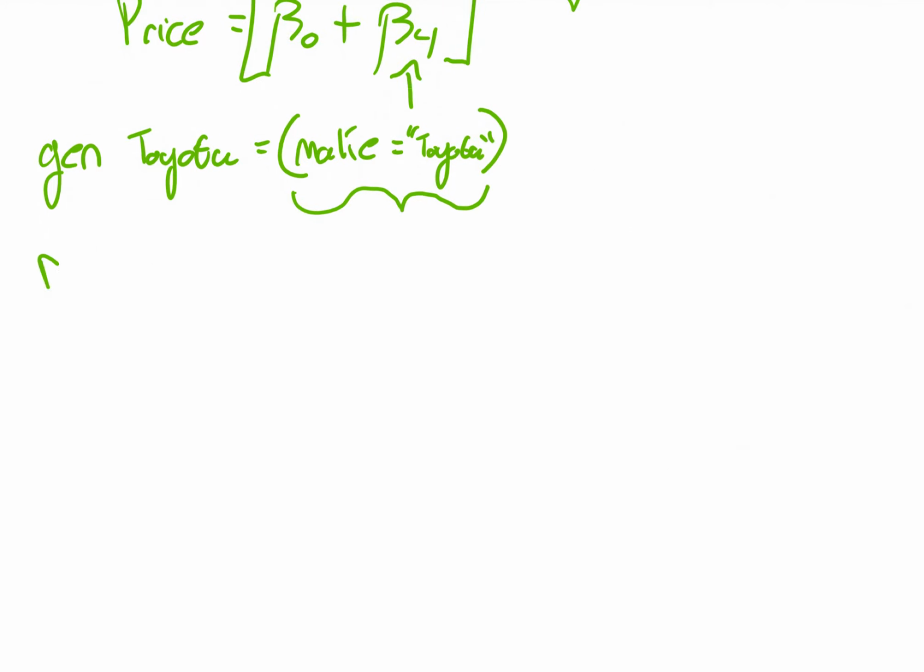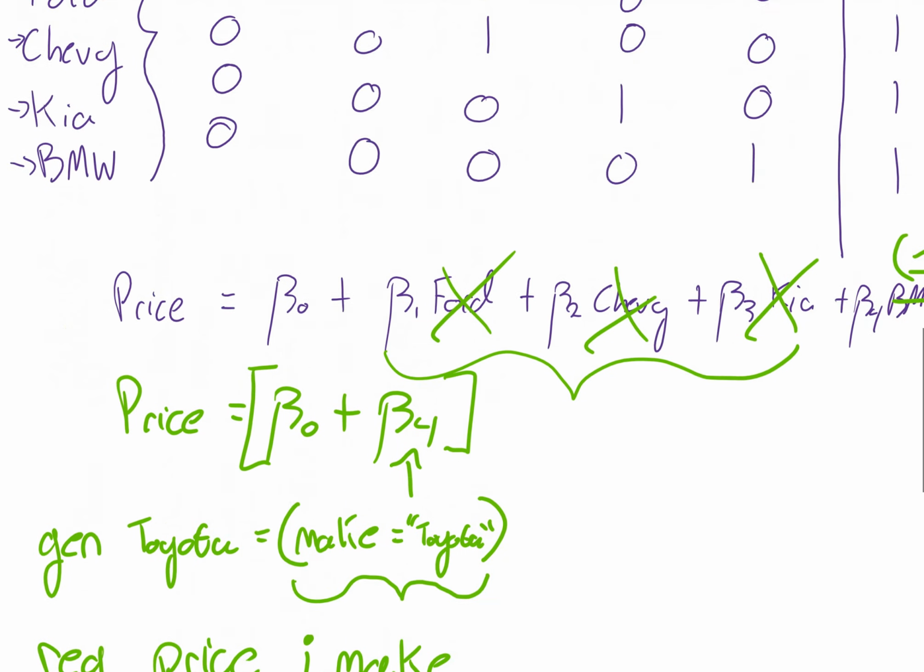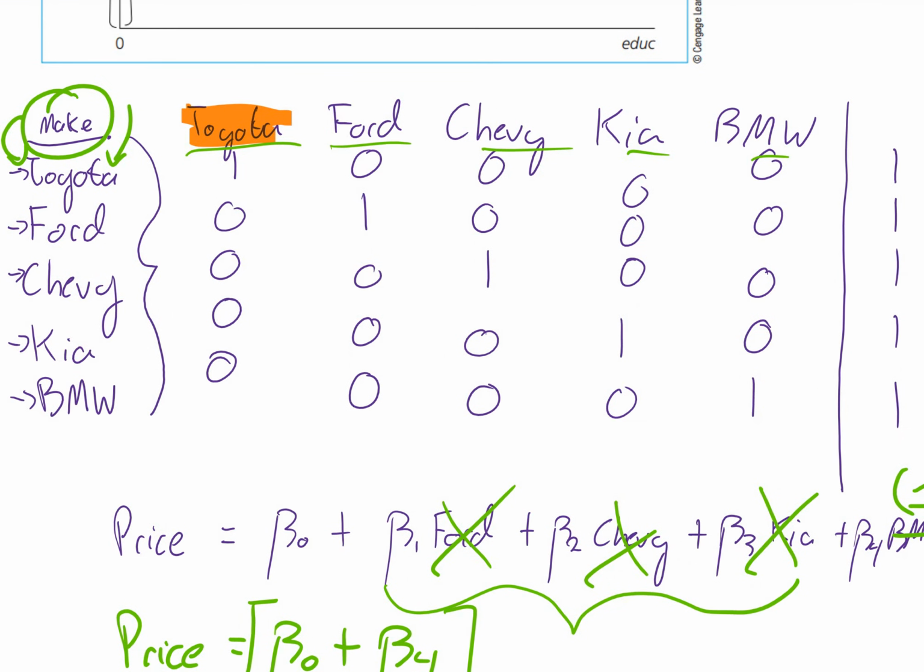For example, if I wanted to regress price on whatever the make is, then I could just say i dot make. That i is basically standing for an indicator variable, also known as a factor variable. It's creating these indicators for if I'm a Toyota, Ford, Chevy, Kia, and BMW.